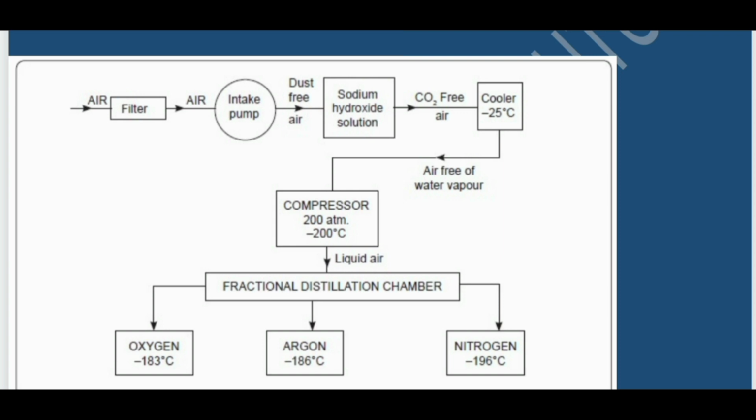Remember, concentrated sodium hydroxide solution is used to absorb the carbon dioxide gas. Now this air free of carbon dioxide is cooled to negative 25 degrees Celsius to remove water, where it solidifies and gets out as ice.